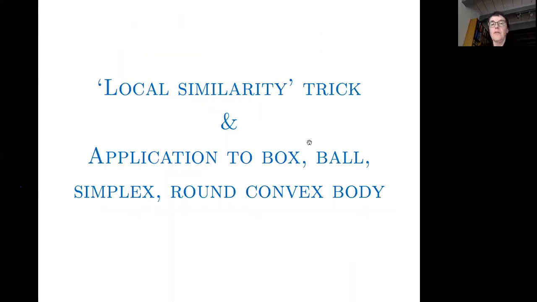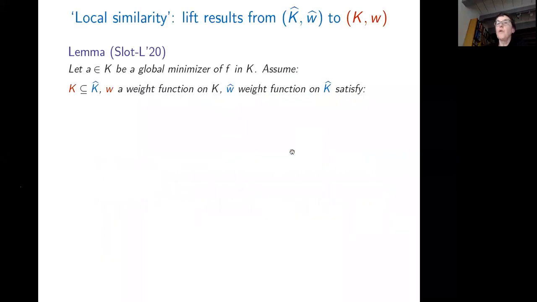I promised in the table that we can also analyze other compact sets like the box, the ball, the simplex, round convex bodies. So we will do this by using one more trick.